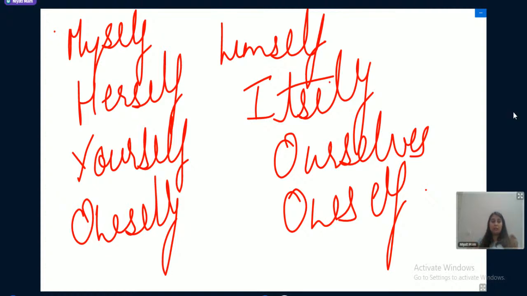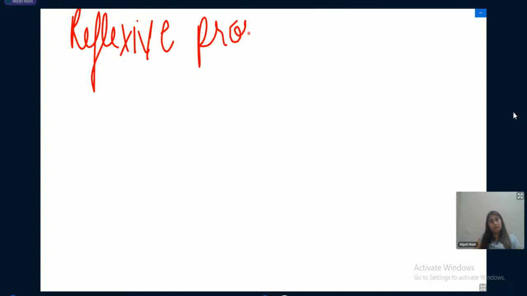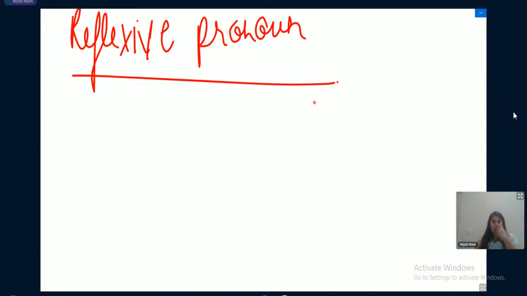Now the question arises: what is the basic difference between a reflexive pronoun and an emphatic pronoun, or how are we going to find out whether the given word is a reflexive pronoun or an emphatic pronoun? Let us first understand certain things about reflexive pronoun.